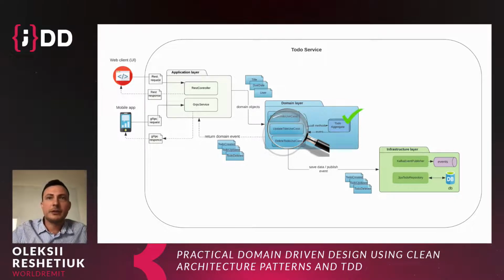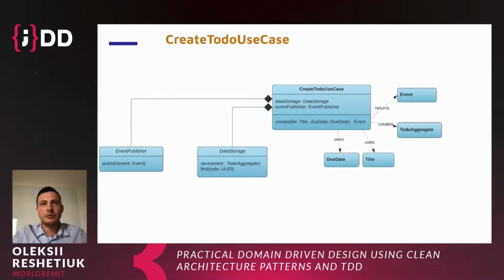Let's jump inside and see what's going on inside. As an example, I propose to consider one of the specific use case classes. And so what actually does this create to-do use case contain?